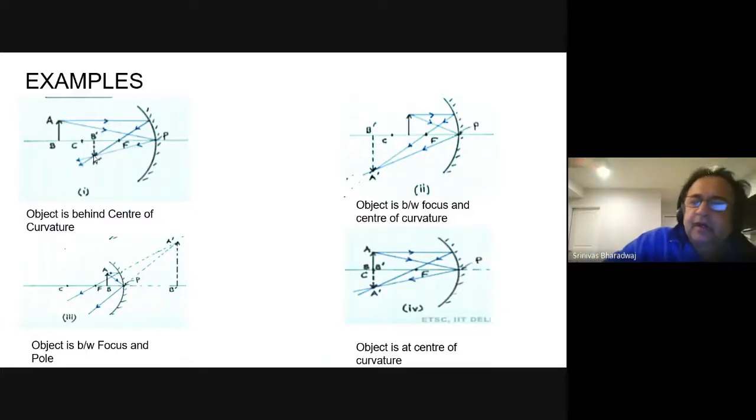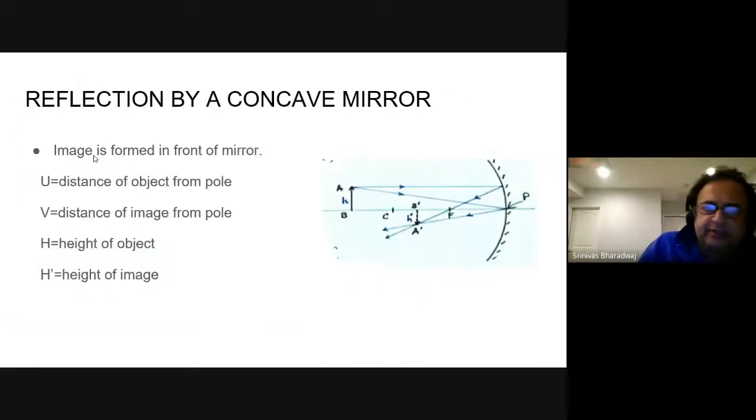Okay, this is how reflection optics works. Now, if the object is at the center of curvature, you will form an inverted image of the same size.